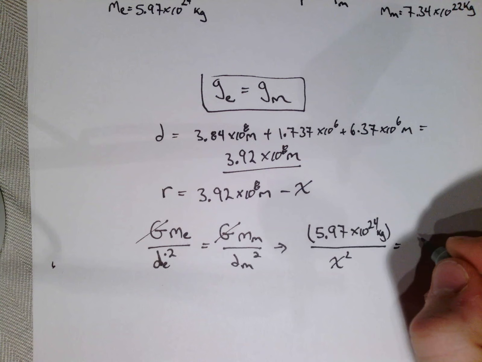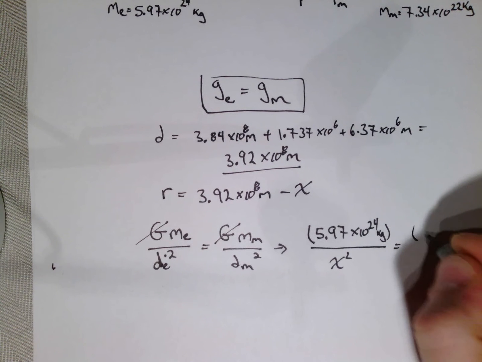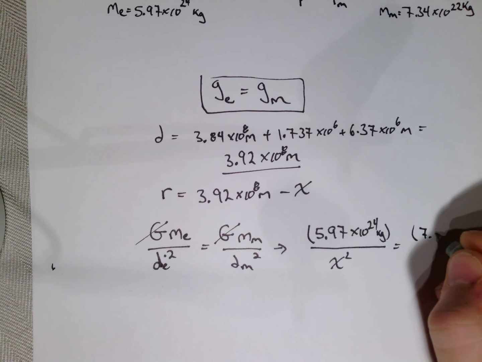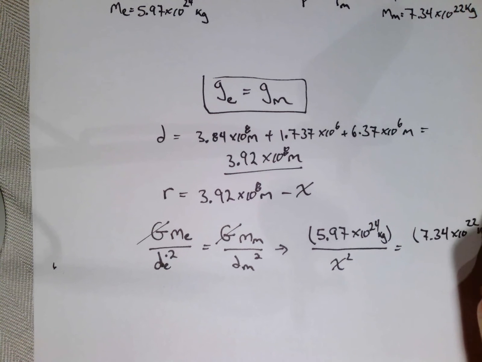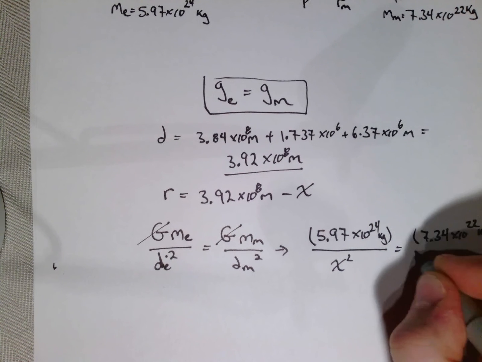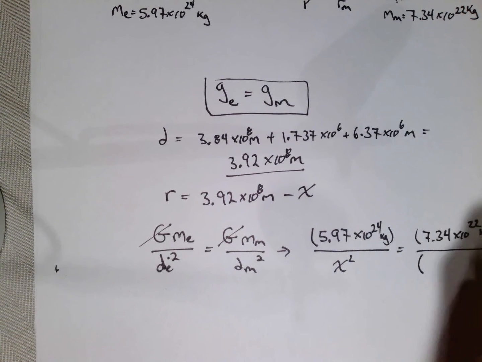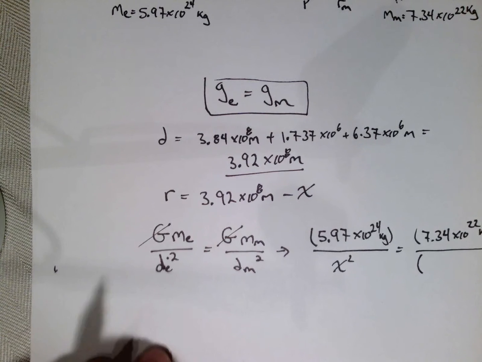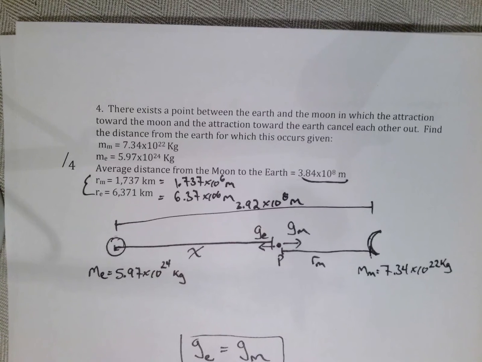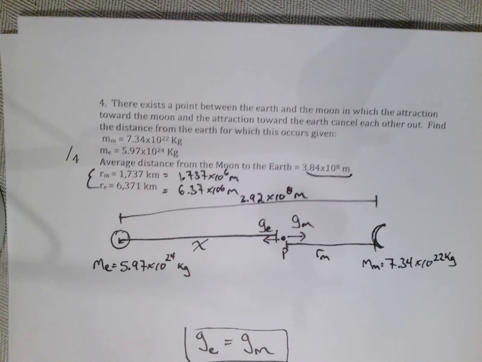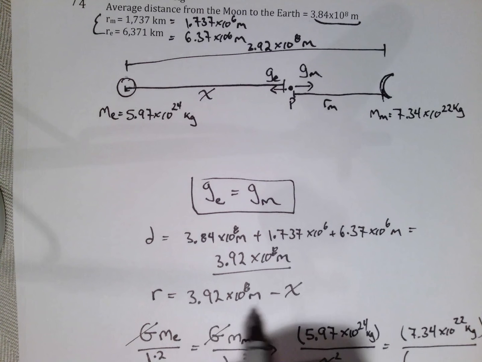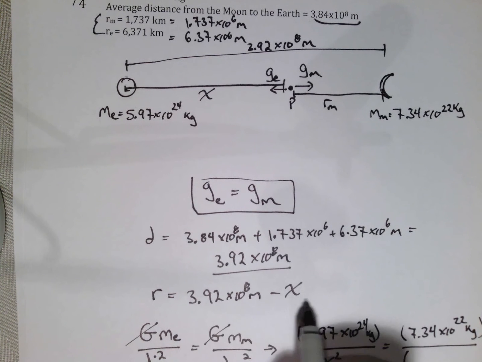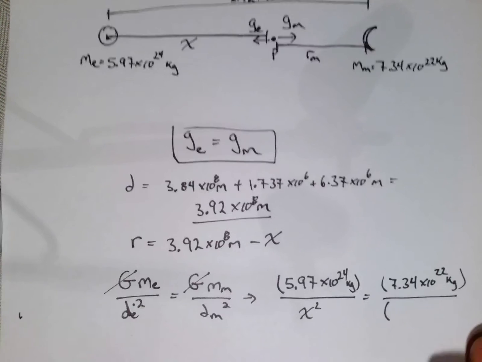And this is going to be equal to the mass of the moon, which was given to us, 7.34 times 10 to the 22 kilograms, over the distance to the moon. We called that Rm in our diagram. And we had said that Rm was equal to this right here. So let's put that in here.